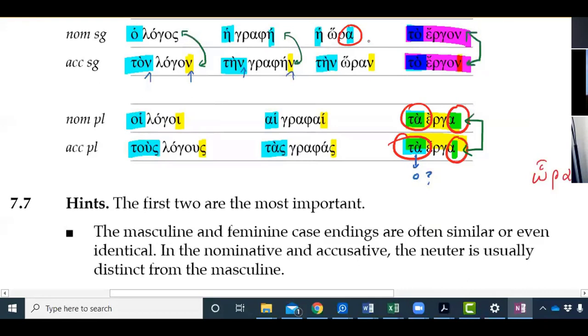Those are words that end with alpha too, don't they? But that doesn't mean they're neuter. They're not neuter plural. They're not nominative neuter, right? So you've got to be careful with that. But if you do have a neuter noun, or really any neuter form, its nominative and accusative plural will almost always end with an alpha. And that'll be good to know.